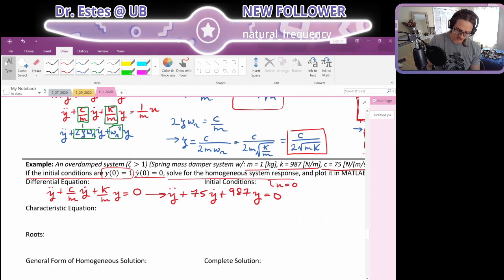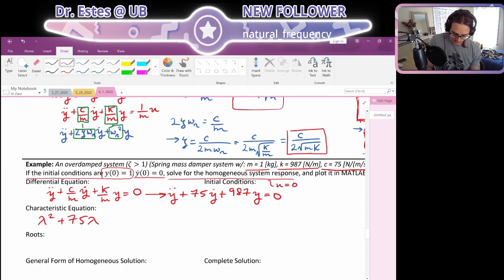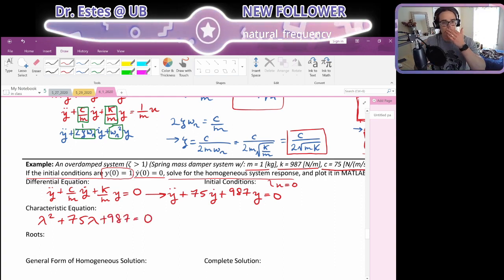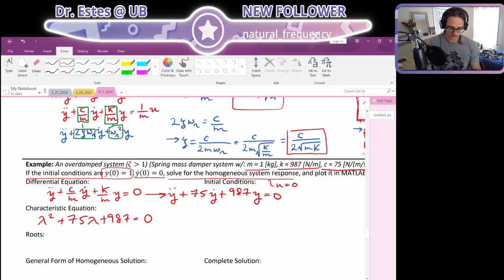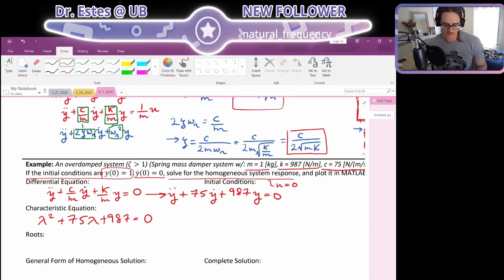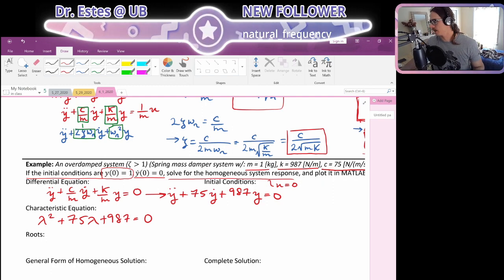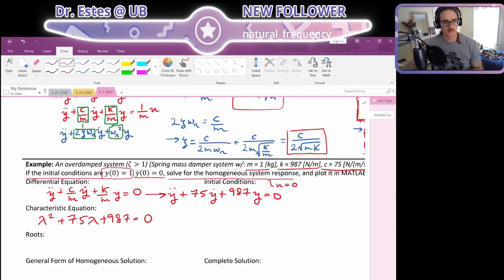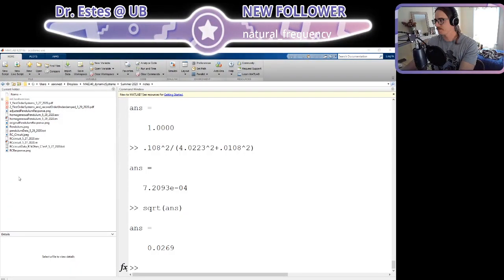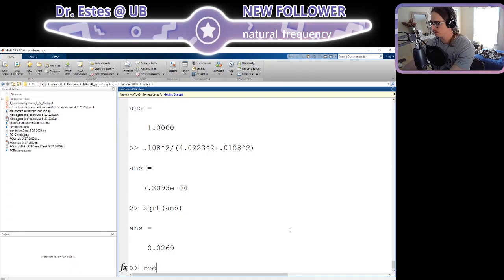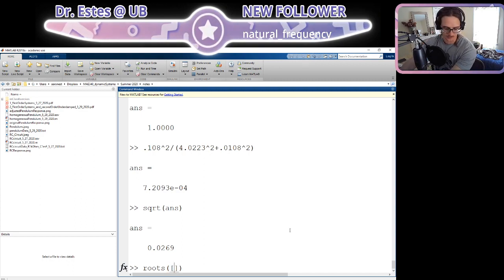Let us get the characteristic equation. It'll be lambda squared plus 75 lambda plus 987 equals 0. Now the way that we're going to calculate the roots, start using MATLAB for this stuff. The more you use it, the more it'll be your friend.